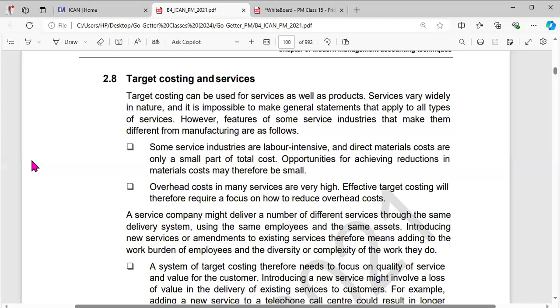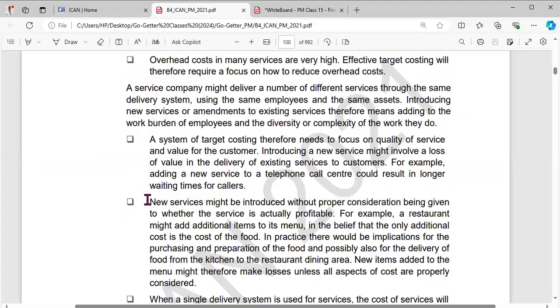A service company might develop a system using the same employees and the same assets. They can also introduce new services or amendments to existing services, therefore adding to the work burden of the employees and making the best use of them in diversification.